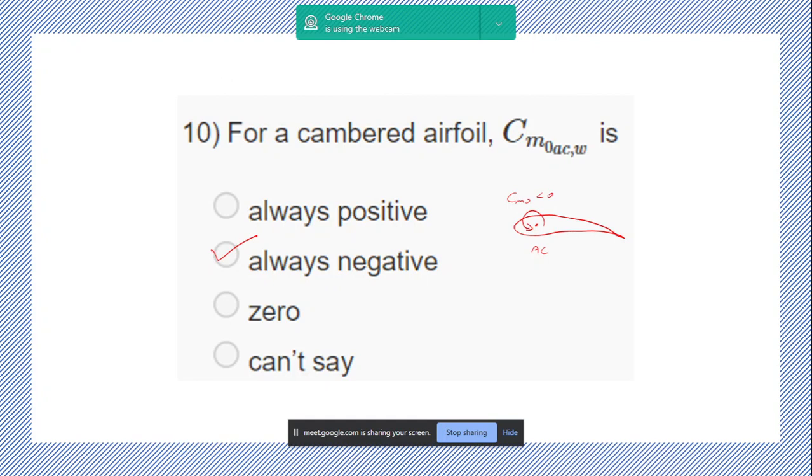Yes, that is the right answer. It is the point at which the moment is constant with change in alpha. So at what point is force actually considered to be generated? We do our analysis at the aerodynamic center, so we transfer our forces to the aerodynamic center. But where is it generated? At what point?